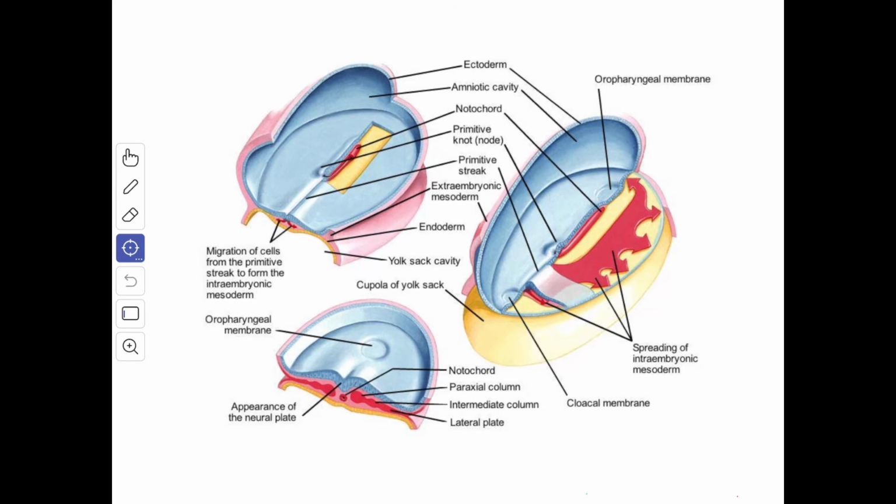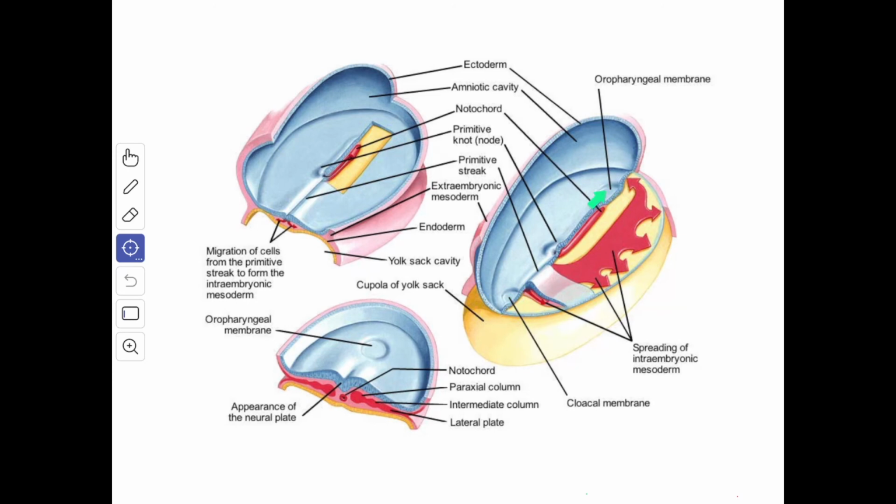Similarly, at the caudal end of the germ disc, another bilaminar area, the cloacal membrane, develops between the primitive streak and the connecting stalk. This membrane lies at the bottom of the endodermal cloaca during the tail fold of the embryo and subsequently divides into the anal and urogenital membrane.